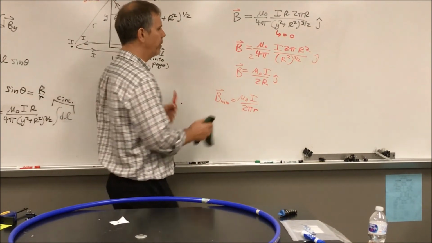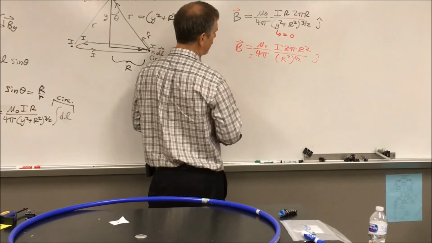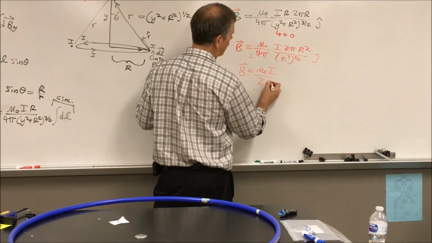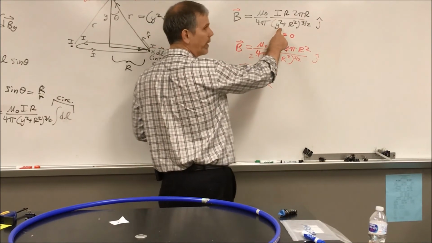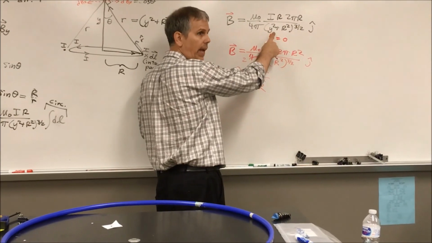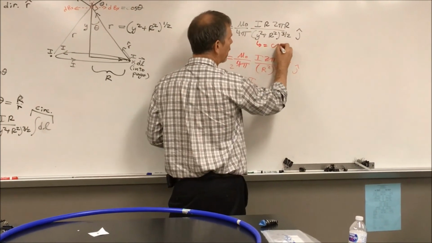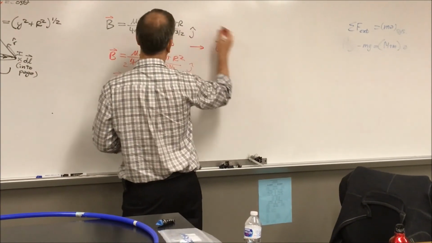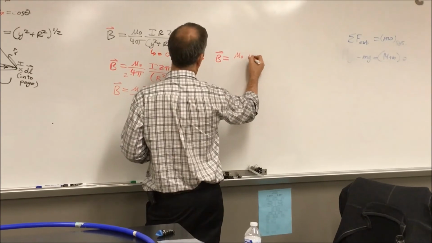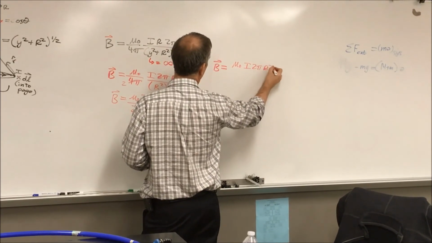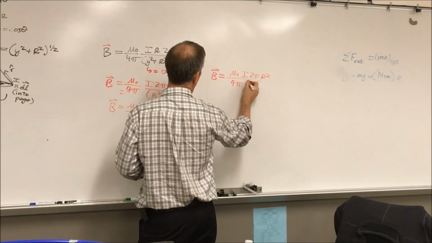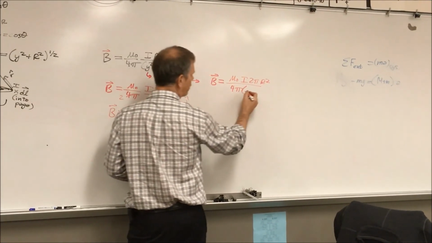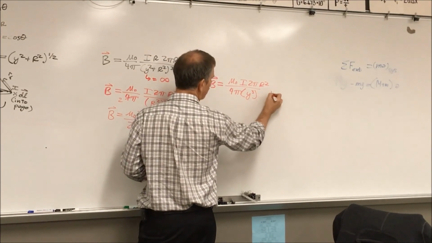The other thing we could do with this equation is make y really, really big. And if y gets to infinity, then this equation becomes mu naught I 2 pi r squared over 4 pi, and that becomes irrelevant, and it just becomes y cubed j hat.